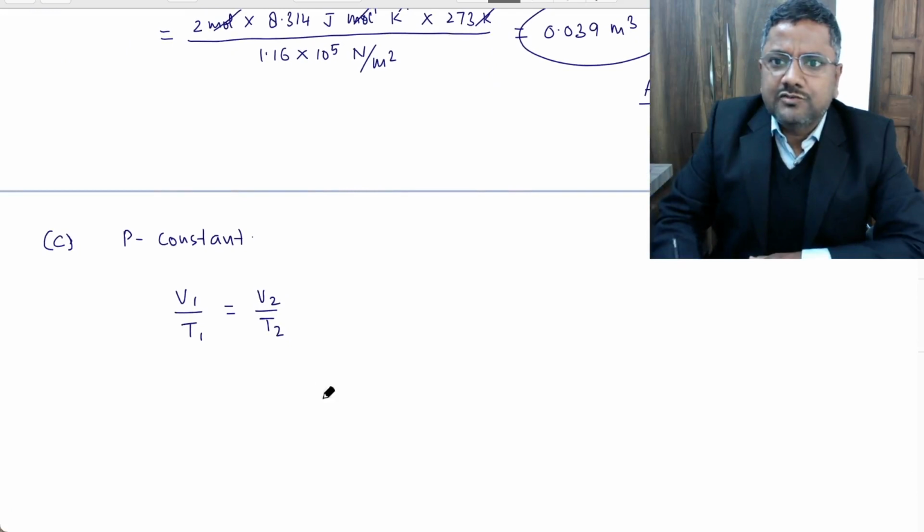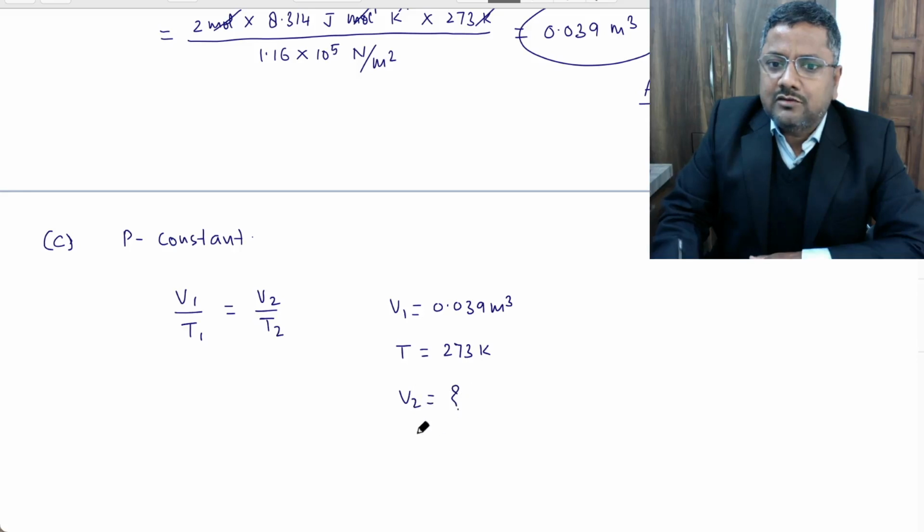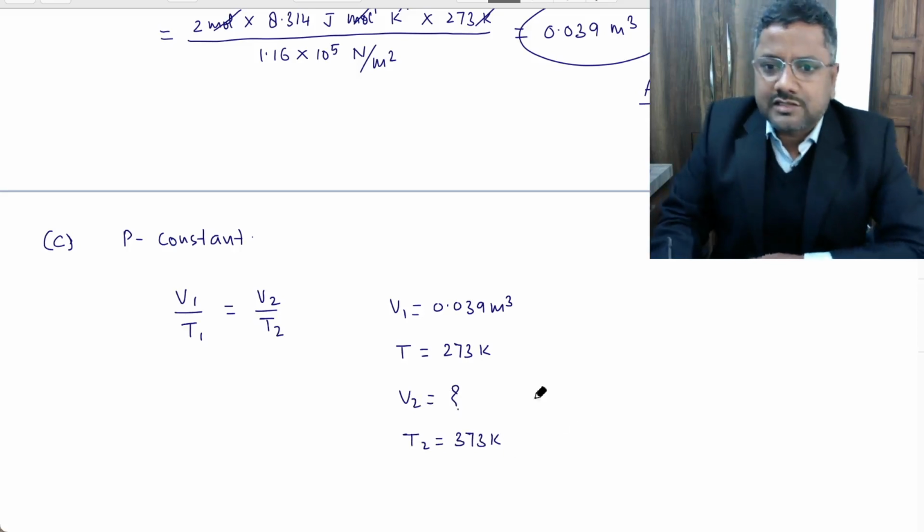We can simply use Charles' law. V1 is equal to 0.039 meter cube and T1 is equal to 273 Kelvin, and V2 we have to find out and T2 is 373 Kelvin, 100 degrees Celsius. So it is 373 Kelvin.